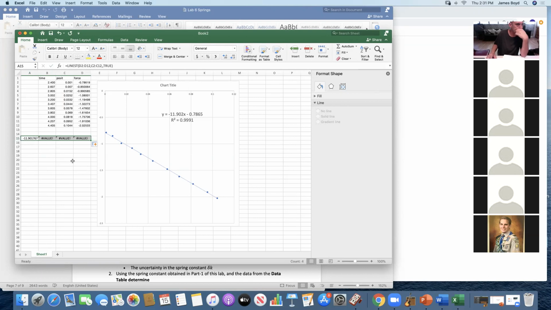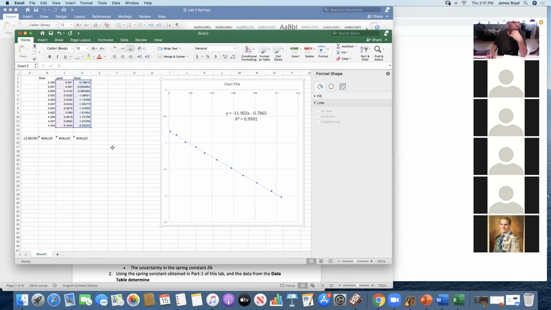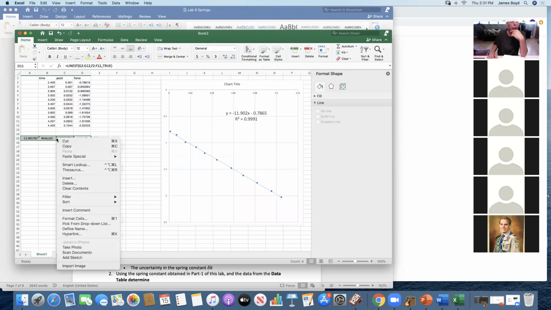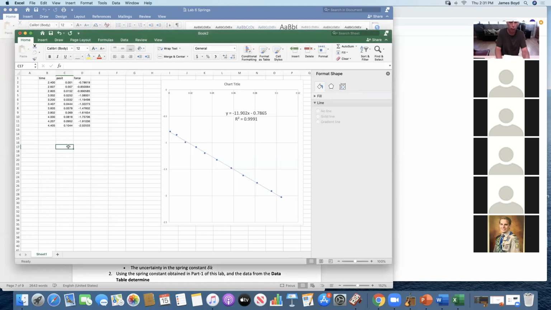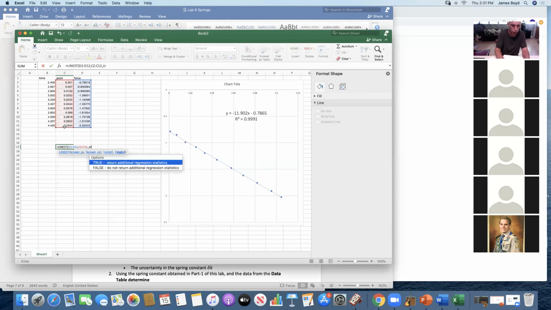I have some problem with my Excel where it's not allowing me to. Let me see if maybe this will work. Maybe I'm just not on the right one. I don't know. If this doesn't work, I'm going to move on, and you can let me know if you're having problems with it.